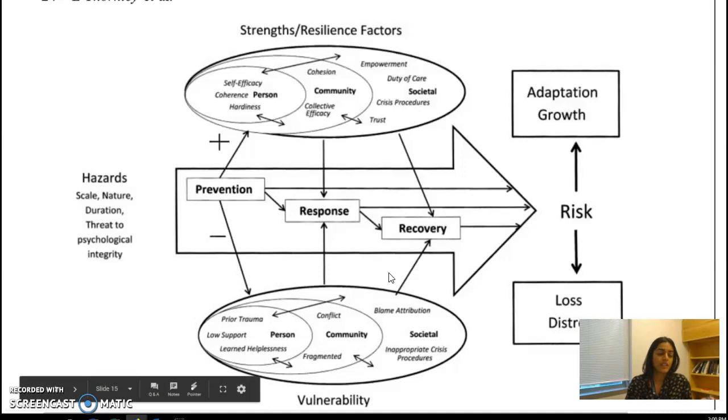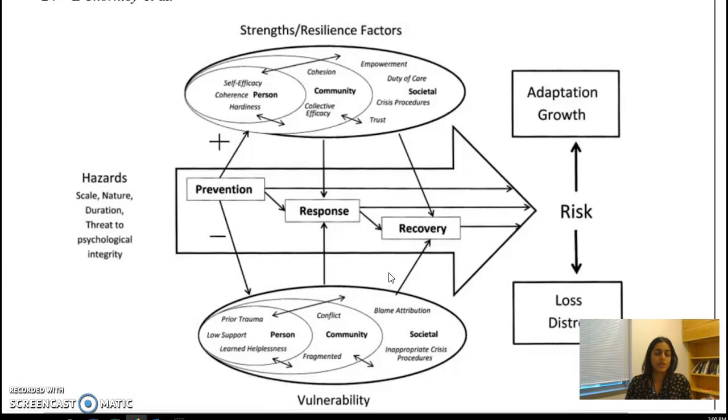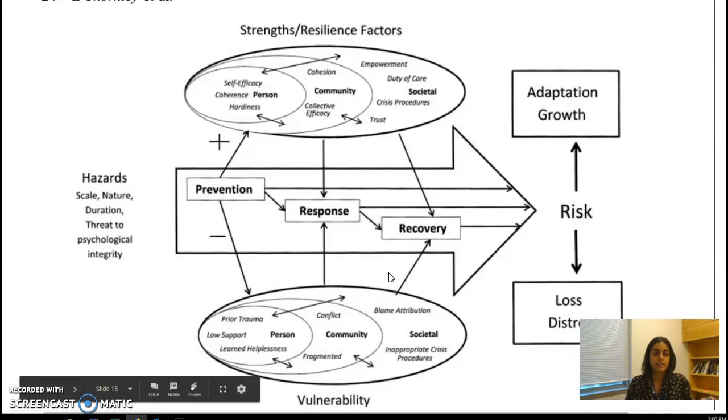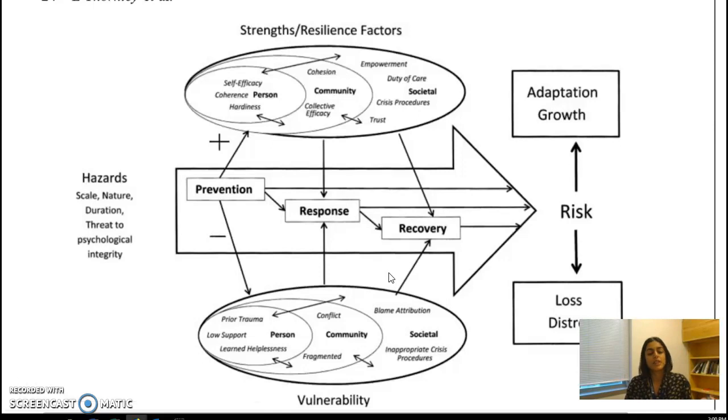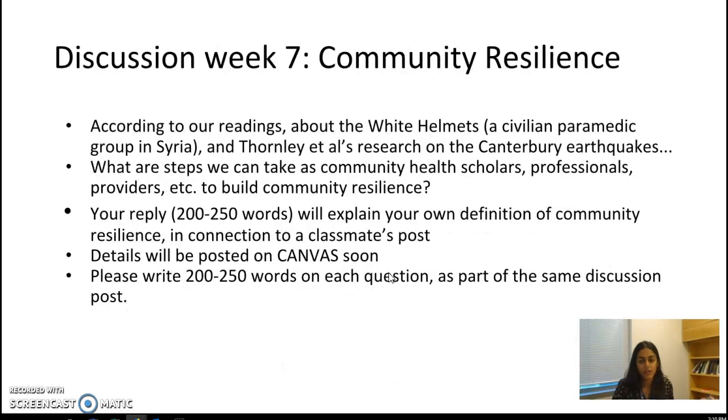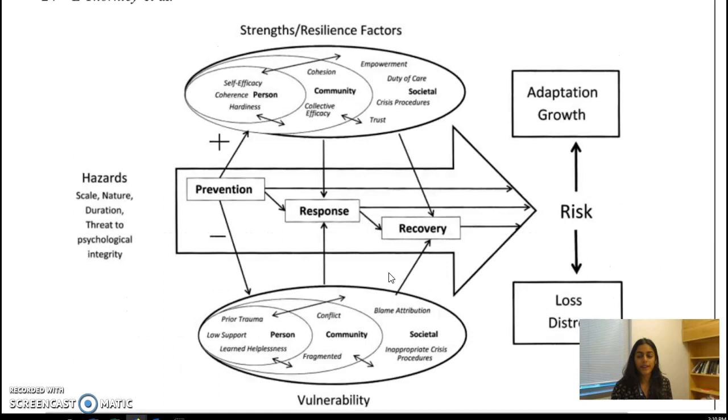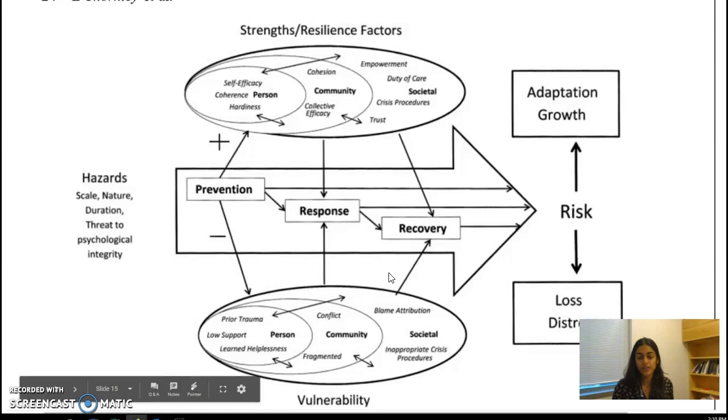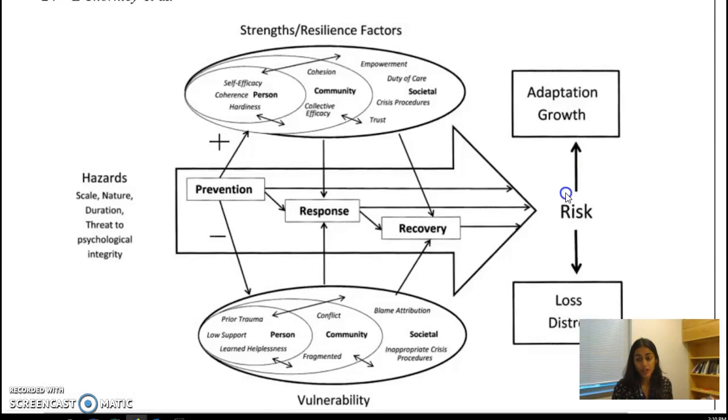Often, what's interesting is how these strength and vulnerability factors relate to the prevention, response, and recovery of an emergency, and how the risk that's there either causes loss and distress, adaptation and growth, but most of the time both.